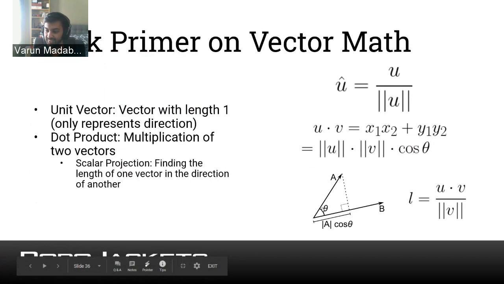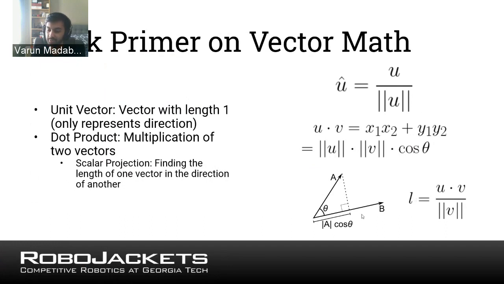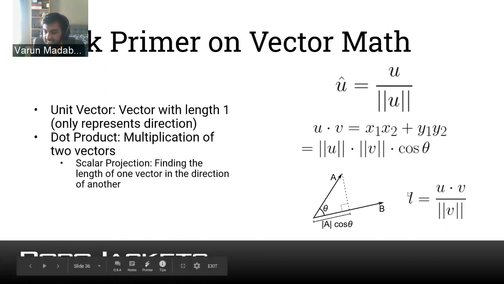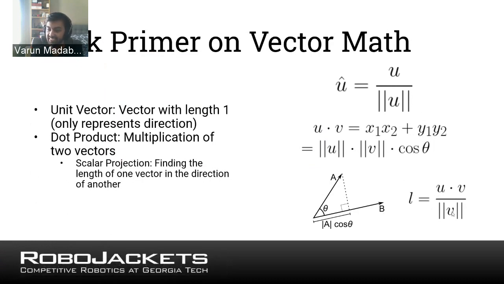Magnitude of A times the cosine of the angle between A and B. And here L is the scalar projected length, this here. It's given by A cosine theta, but can also be given as U dot V over the magnitude of V. And this tells you how much of the vector U is in the same direction as the vector V.